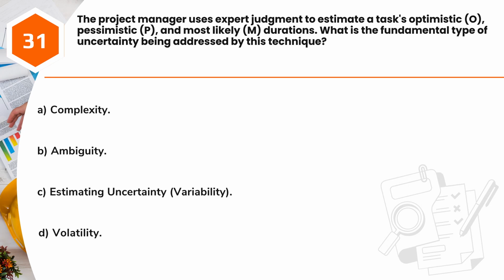Question 31. The project manager uses expert judgment to estimate a task's optimistic O, pessimistic P, and most likely M, durations. What is the fundamental type of uncertainty being addressed by this technique? A. Complexity. B. Ambiguity. C. Estimating uncertainty variability. D. Volatility.